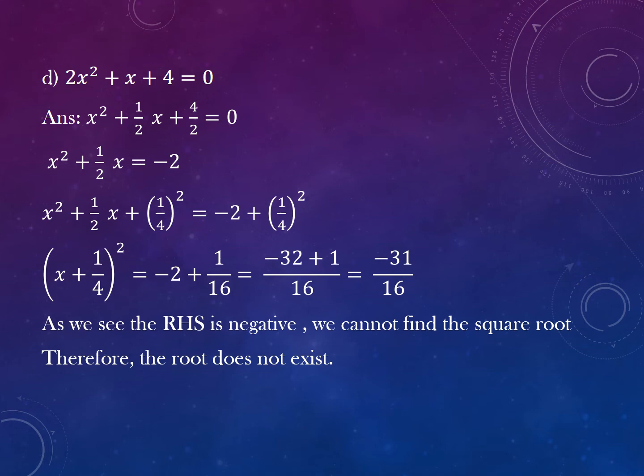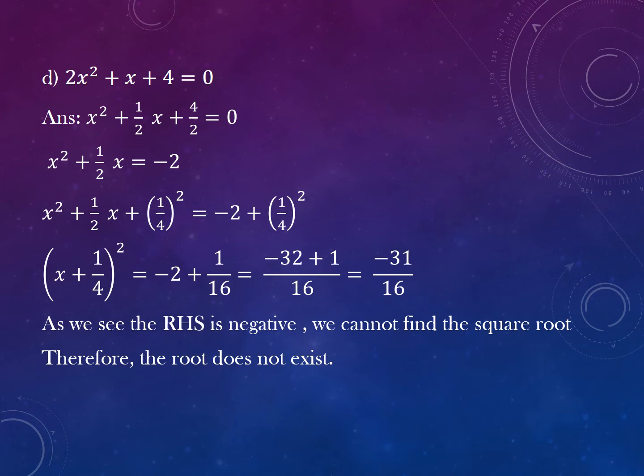Coefficient of x is 1/2. Half of 1/2 is 1/4. And the square of 1/4 is added on both sides of our equation. It becomes x² + (1/2)x + (1/4)² = -2 + (1/4)².